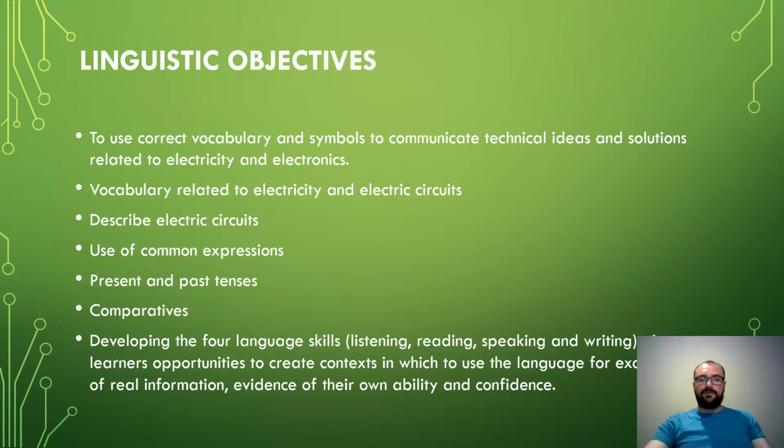Vocabulary related to electricity and electric circuits, how to describe electric circuits, use of common expressions, present and past tenses, comparatives, and well, in general, developing the four language skills. This is listening, reading, speaking, and writing.